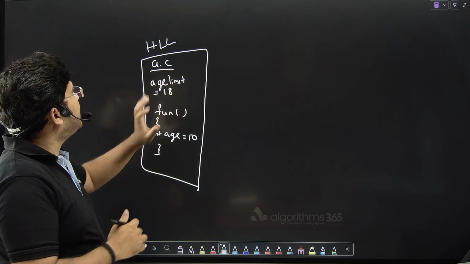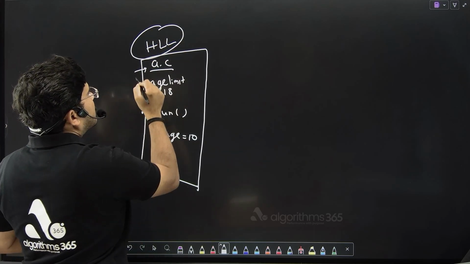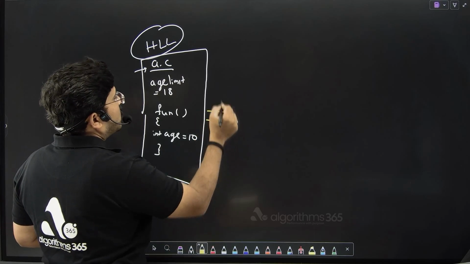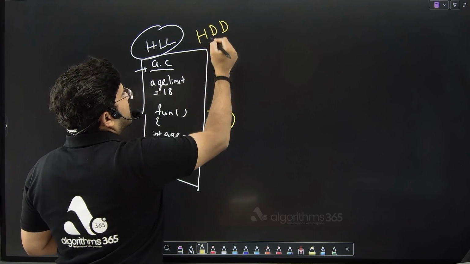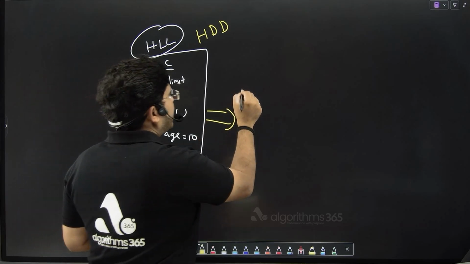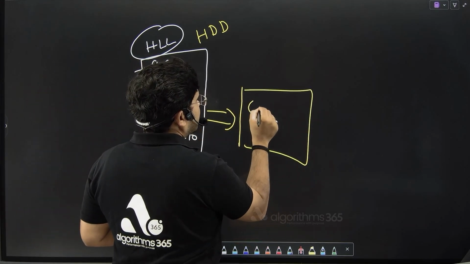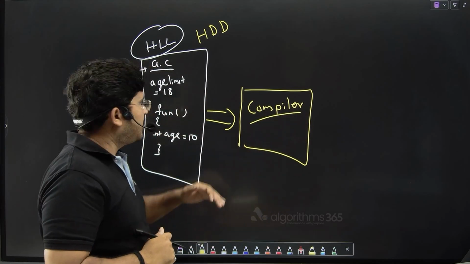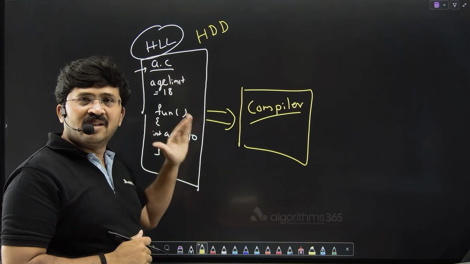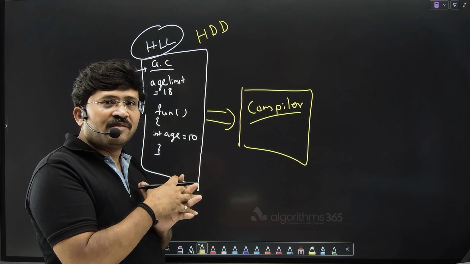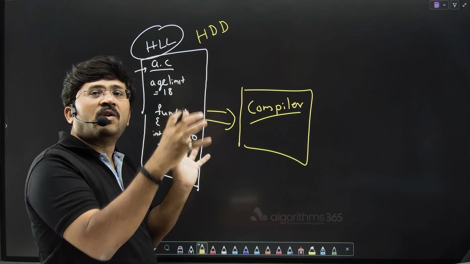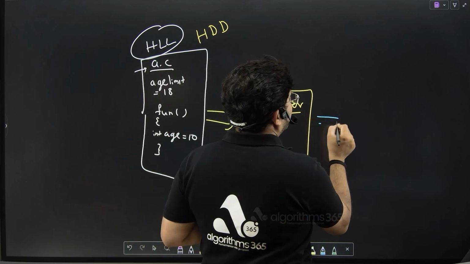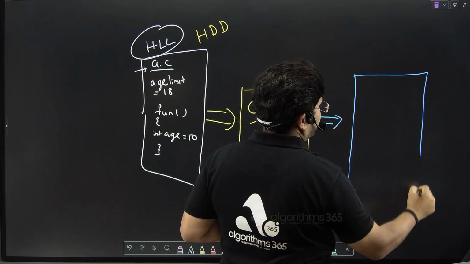Now when you compile this high level language file a.c, which is stored in the hard disk drive, HDD or SSD, you give it to a compiler. So what does the compiler do? It will go through this file, understand the code and see what standard library functions you are using. So it takes all of that code and the output from here is a binary file.